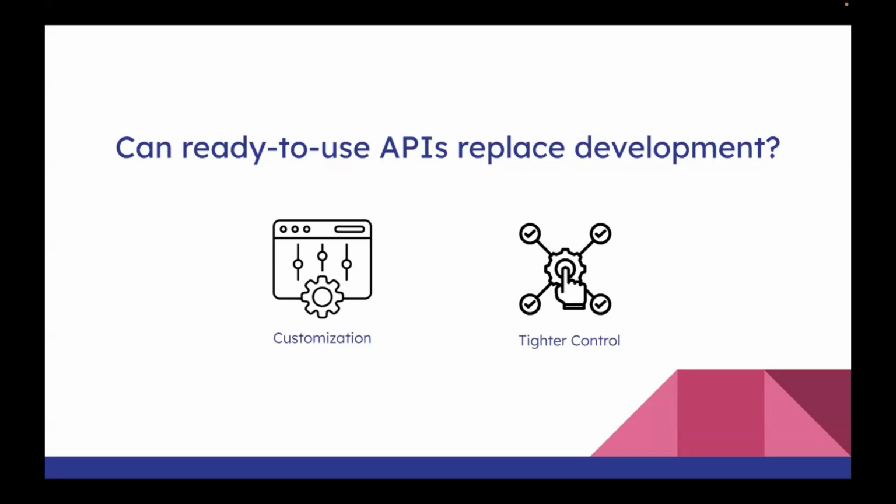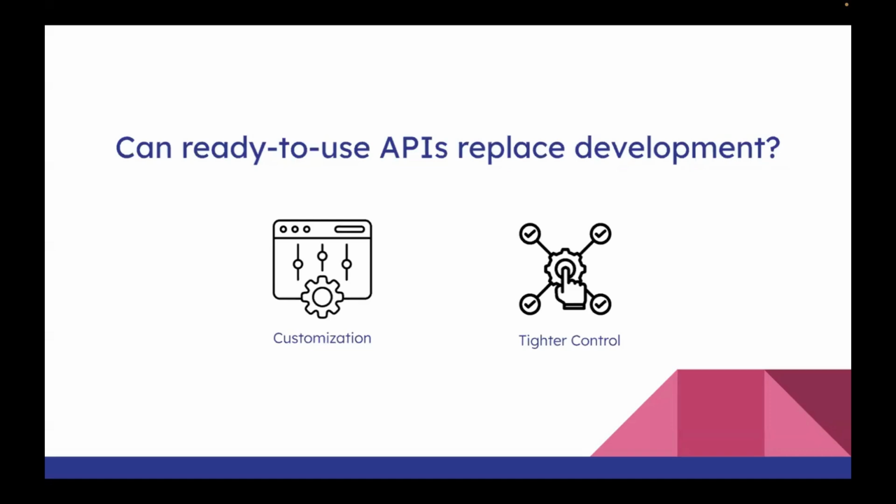So in terms of customization and tighter control, if you want to extract documents that are very, very specific to your business, or you want the extraction format to work only for your business, then traditional development gives you a much greater advantage and is probably the better fit out of the two approaches.